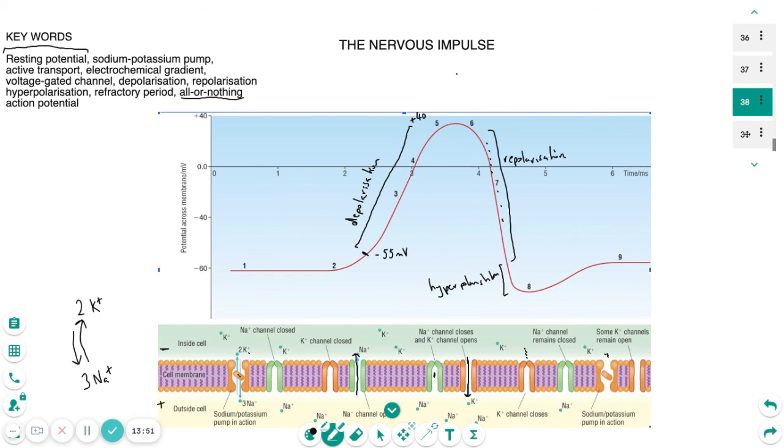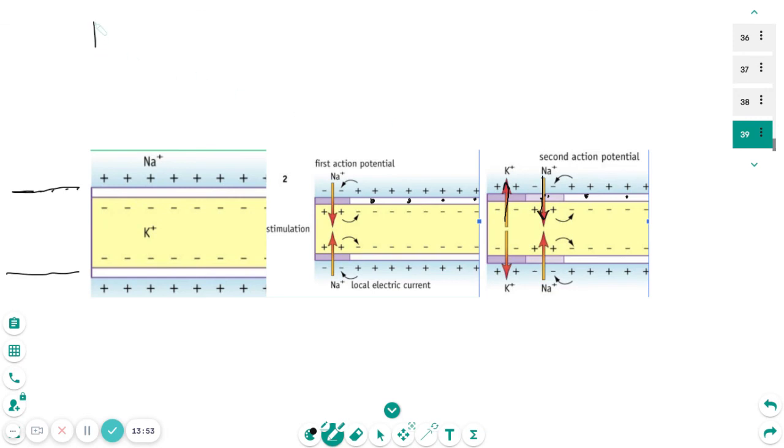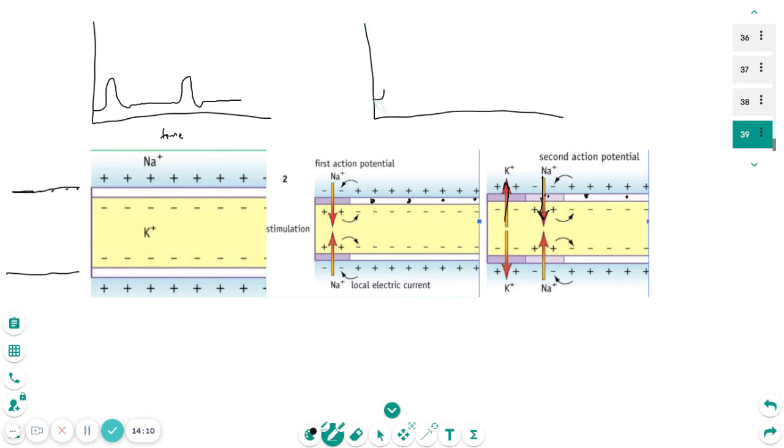So if it was a quiet sound, if this is just time, then the action potentials might have done this. That'd be a quiet sound. Whereas if it's a loud noise, the frequency is going to be much more obvious. And that is how our brain can detect differences between a big stimulus and a small stimulus.